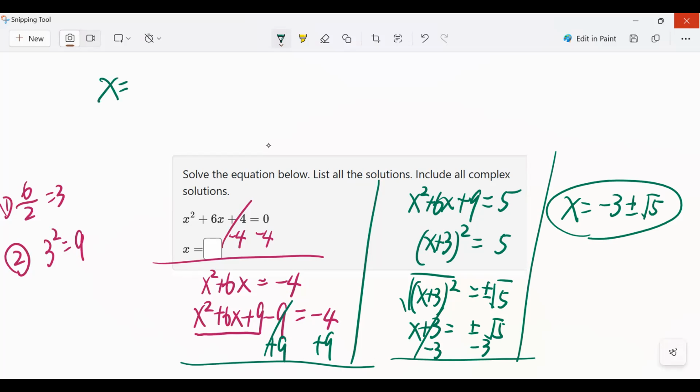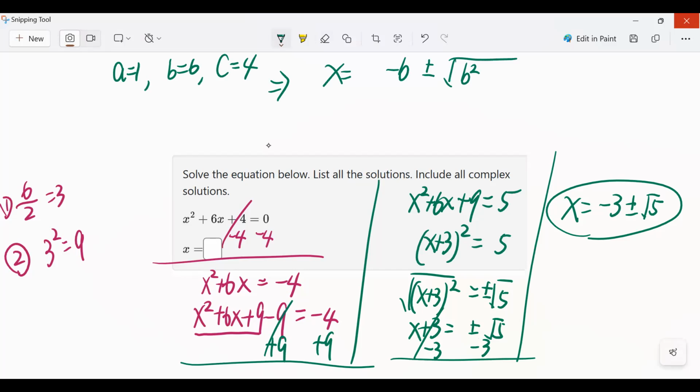For the quadratic formula, we just need to identify a, b, and c. First of all, the number in front of x squared, that's a, is 1. b is 6, and c is 4. Now apply the quadratic formula: x equals minus b plus or minus radical b squared minus 4ac over 2a.